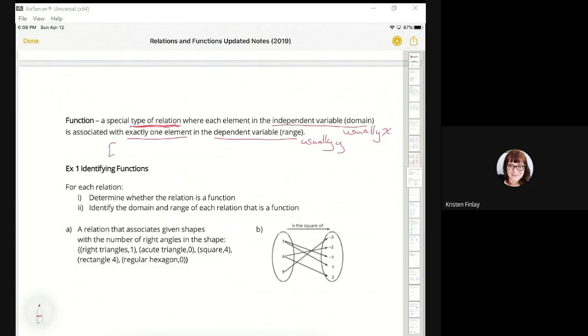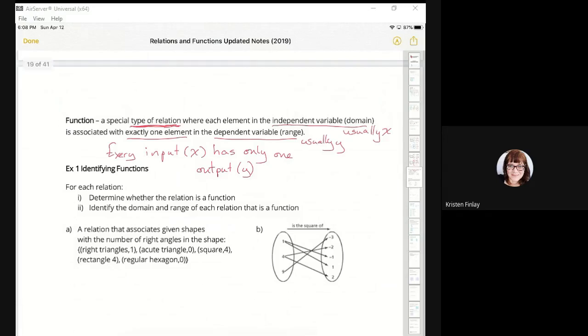So every input has only one output. And again, usually y. Sometimes we do have different values as opposed to x and y, but usually x and y.